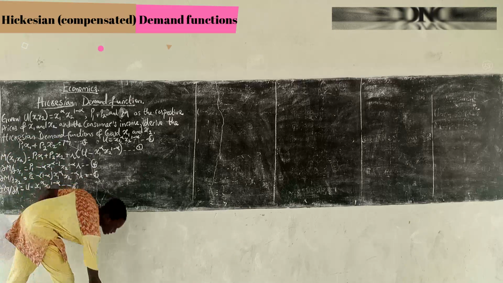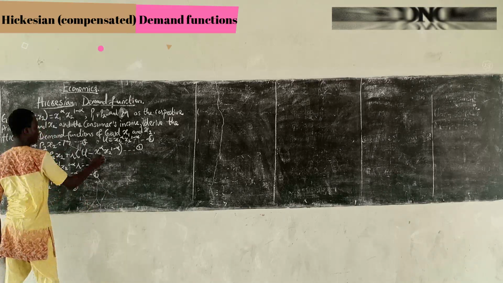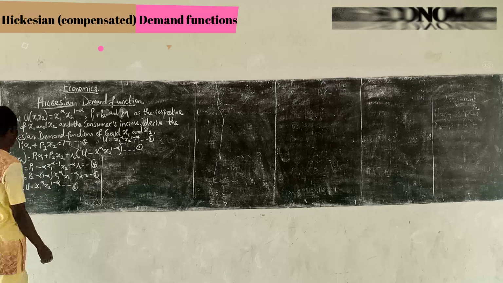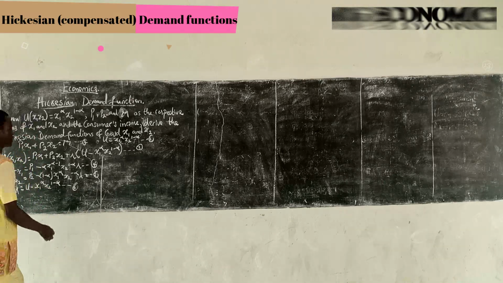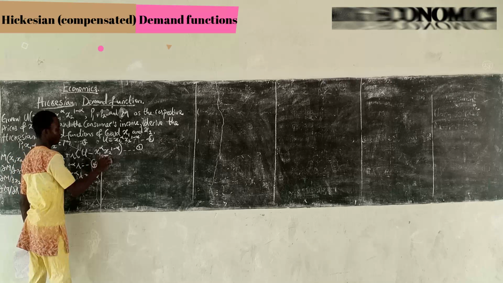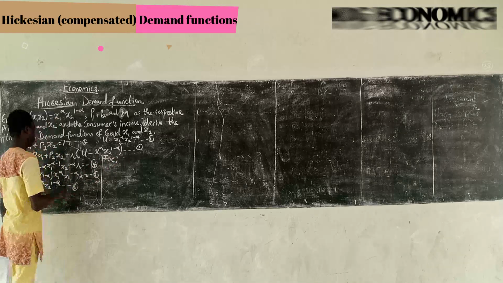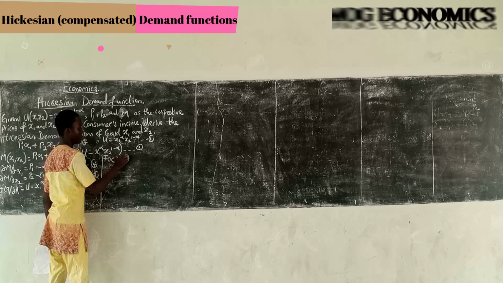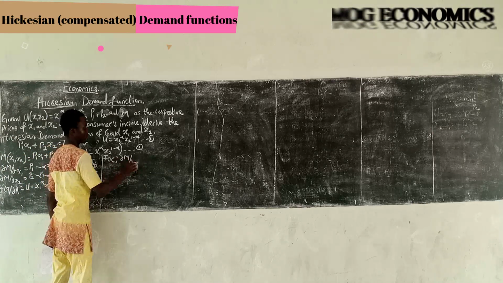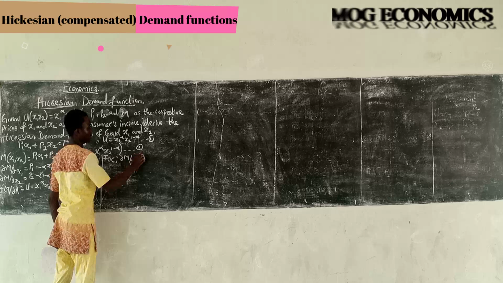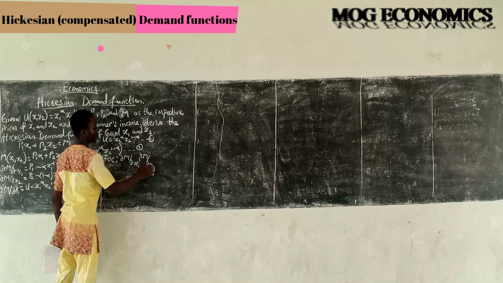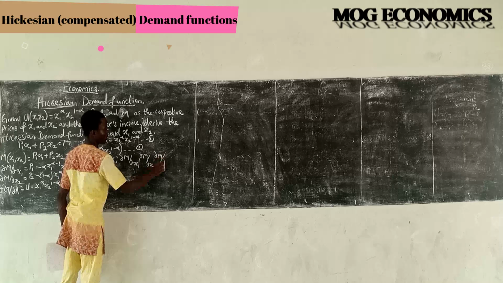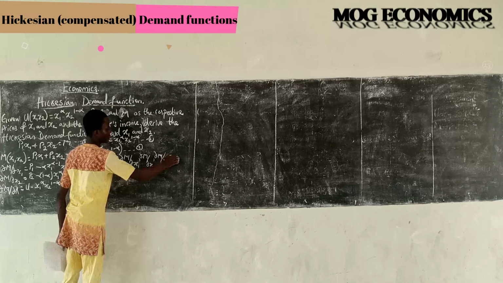So from here, like in the previous video, we divide equation 4 by equation 5. No, before that, the first order condition says that we should set the partial derivative with respect to x1, the one with respect to x2, and the one with respect to lambda equal to 0.